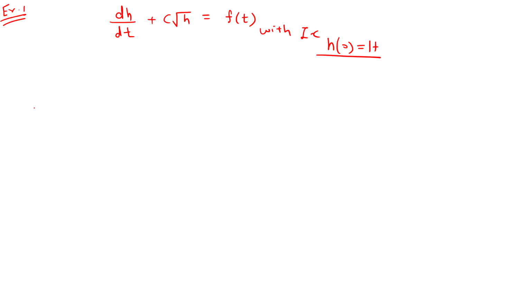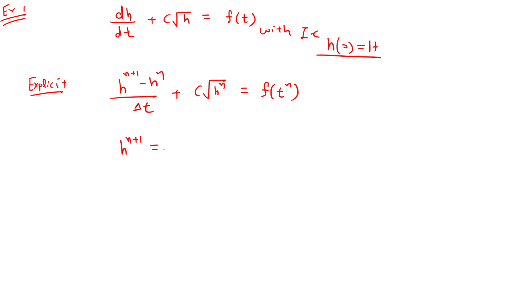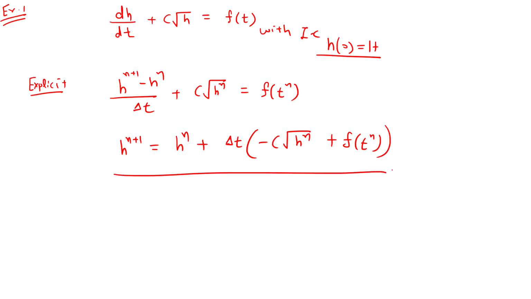So let us first write down the explicit part, that is nothing but (h^(n+1) minus h^n) divided by delta t plus c root h^n is equal to f of t^n. So my h^(n+1) will become h^n minus delta t times c root h^n plus delta t times f of t^n. This is a very simplified formulation since we know the value of h^n at time n and function value at time t^n. So directly we can calculate h^(n+1).